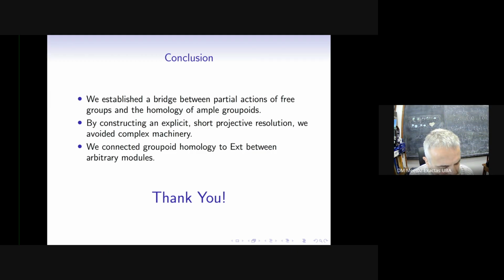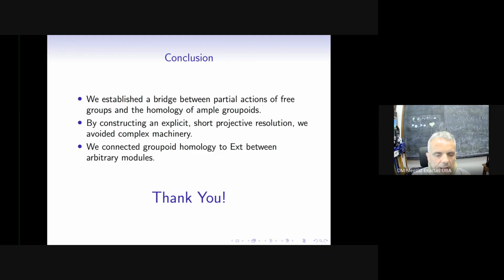I wonder about Hochschild homology, as you mentioned. Do you expect to have some sort of a Bergelia decomposition for the Hochschild homology, at least for these groupoids? Which homology? Sorry.